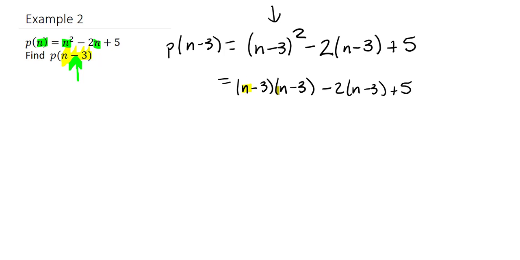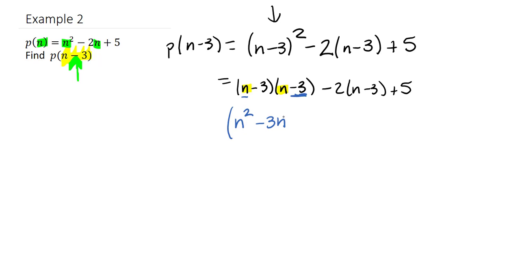FOIL means we start with the first ones. So n times n is n squared. We'll put that in parentheses. Next, we deal with the outside. The O stands for outside. So n times negative 3, so we have minus 3n.